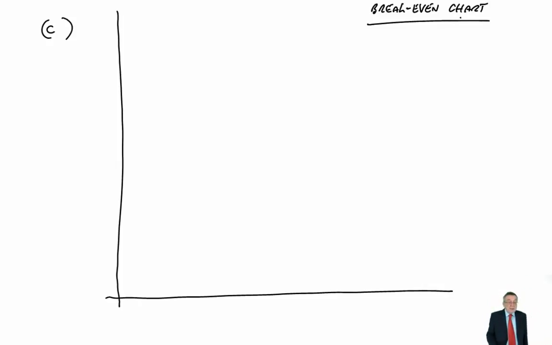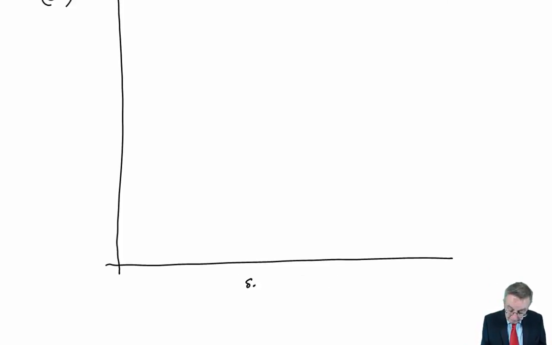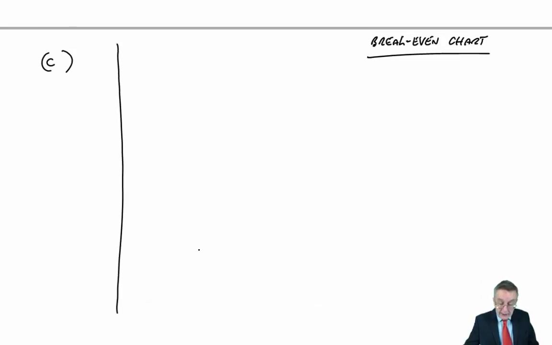Along the bottom axis, we're going to show the sales units. I'll fix scale shortly, but we'll show the sales units. And of course, as we sell more and more units, we'll get more and more revenue, and there'll be more and more costs. So along the other axis, we're going to show dollars.